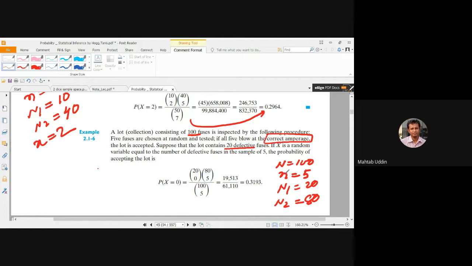Now our target x is 0. Why 0? Because all are correct amperes. That means it will not take any defective. If it takes no defective, what will x be? 0. No defective. That is, out of 20 none, but out of 80 all 5, divided by out of 100 all 5.